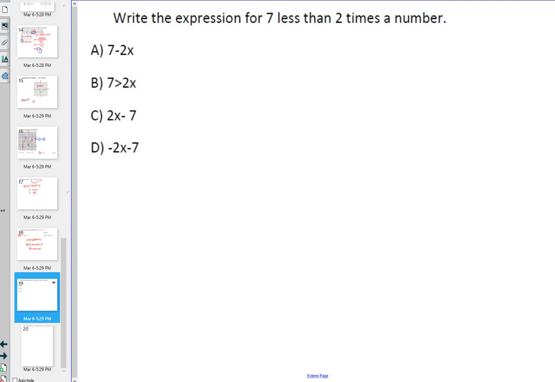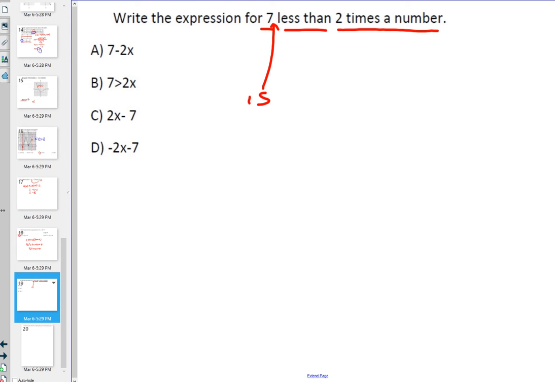Write this expression. Okay, so this is kind of like the one we saw with that Sue and Jack problem. 7 less than 2 times a number. So if you write it the way you see it, you're gonna want to pick this one here. But since subtraction is not commutative here, you're going to be less than something. Now, another thing I want you to realize is if they would have stuck the word is in there.